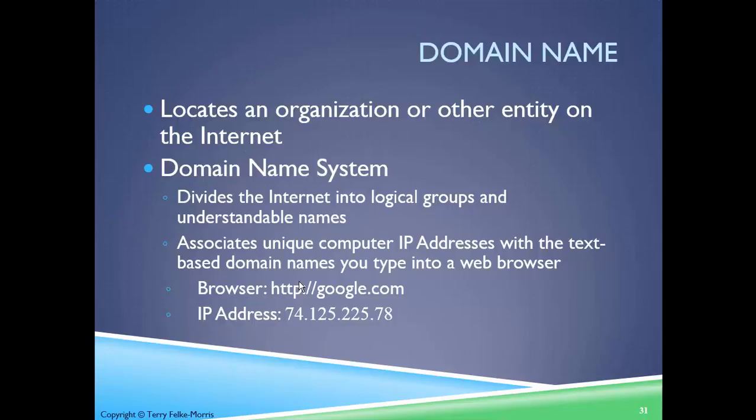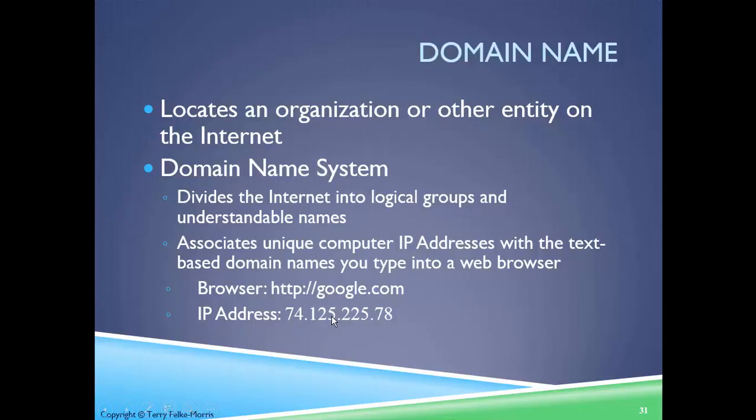All right? With this domain name system, as it says, it's the domain name that you create. For instance, www.rankin.edu. All right? When you type that in, or even if it's just rankin.edu, that has to be converted into something like this.